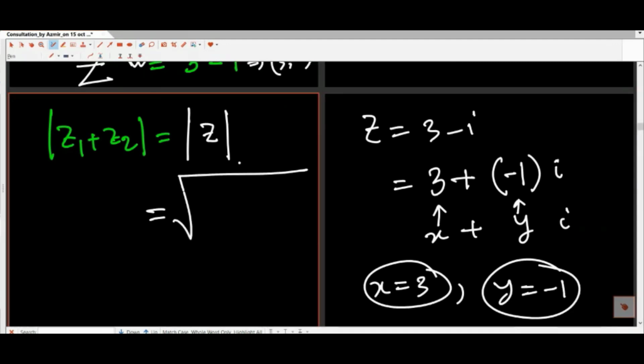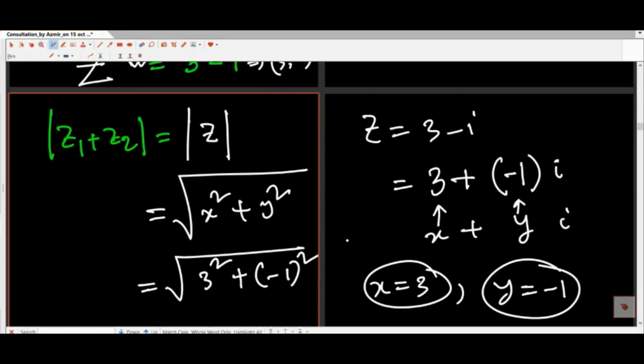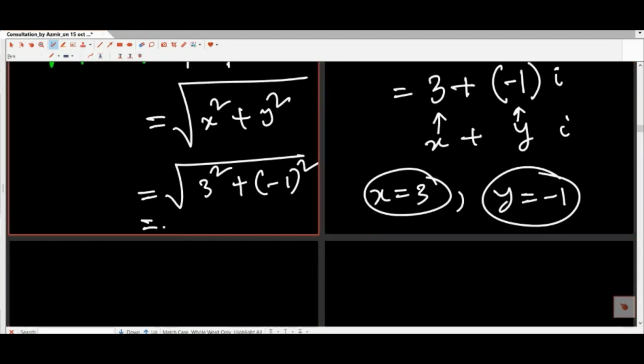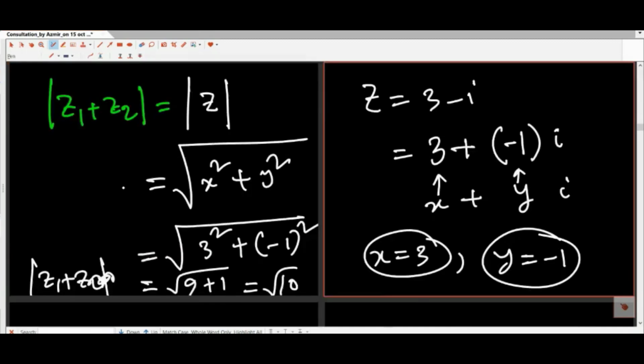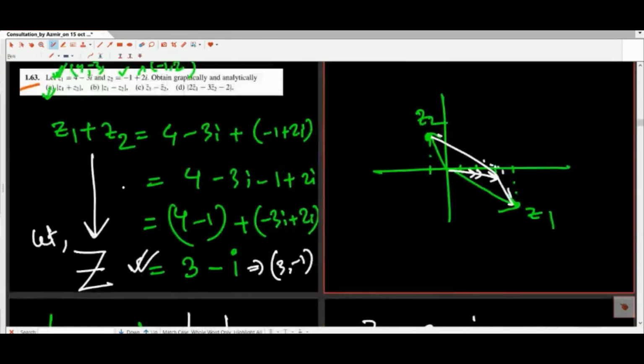That means the square root of x squared plus y squared, the square root of the real part squared plus the imaginary part squared. That is 3 squared plus negative 1 squared, so we get root over 9 plus 1, root over 10. This is our modulus R, that is, the modulus of z1 plus z2. So we have found the result. This is how we can find the modulus.